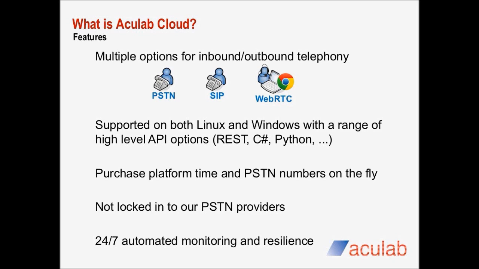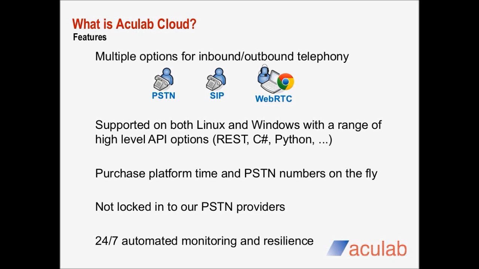So the PSTN and WebRTC input and output comes in because we have partnered with some providers which provide PSTN numbers in various countries and also PSTN rates. Now, we do not tie you in to use the PSTN providers that we recommend.